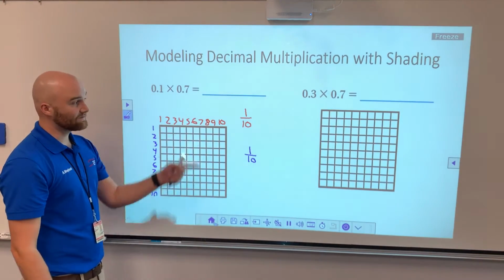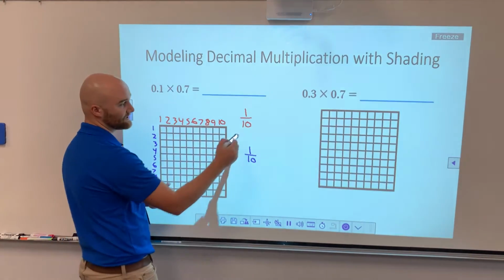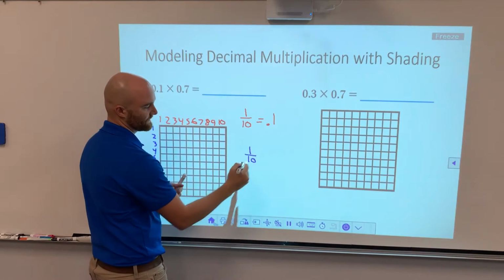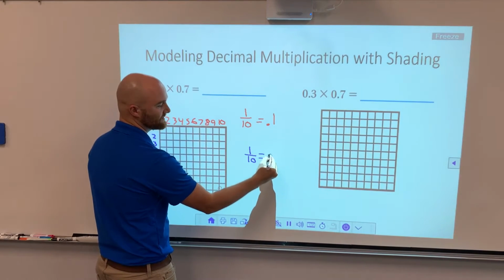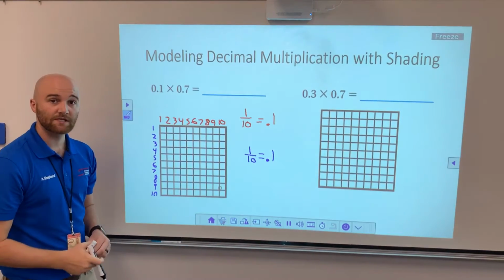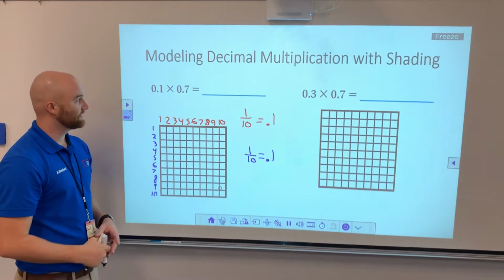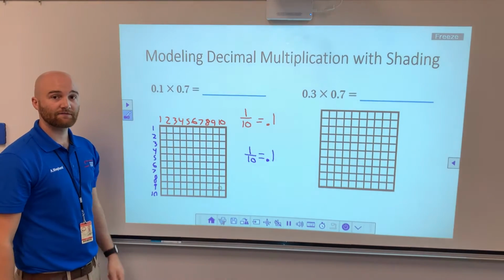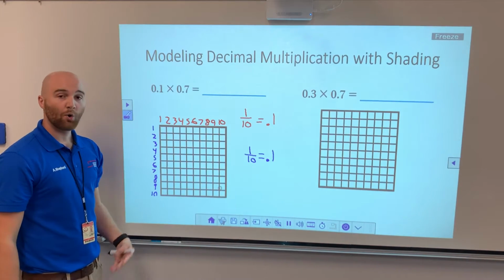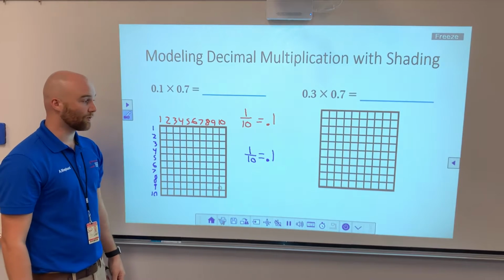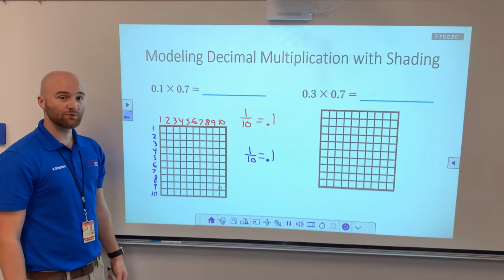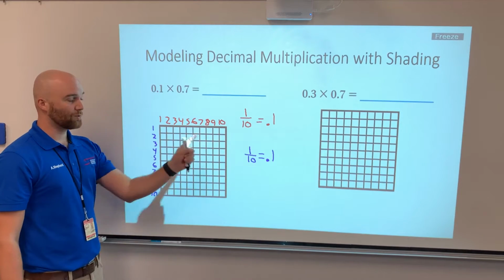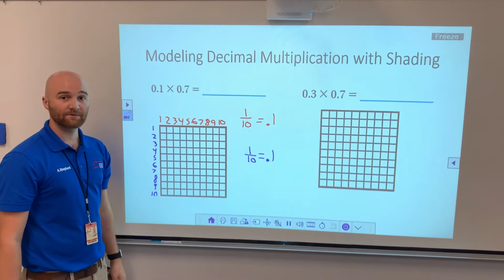The way that we write these fractions as a decimal is to say it's 1/10. So each one of these columns and each one of these rows is 1/10. Now if I want to shade 1/10, all I have to do is shade one whole column or one whole row. It doesn't matter which one you choose, whether you choose a column, which is up and down, or a row, which is side to side, it's up to you.